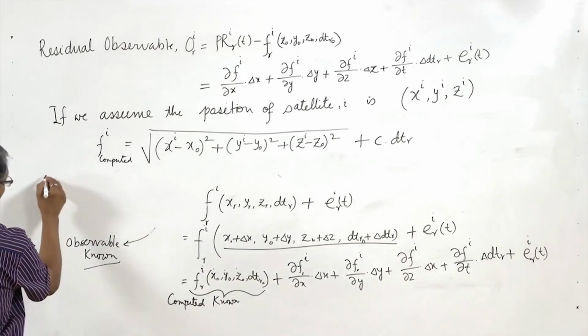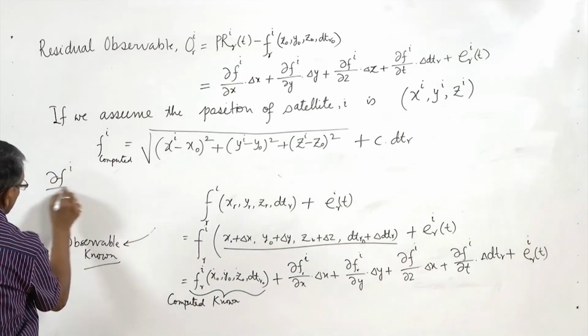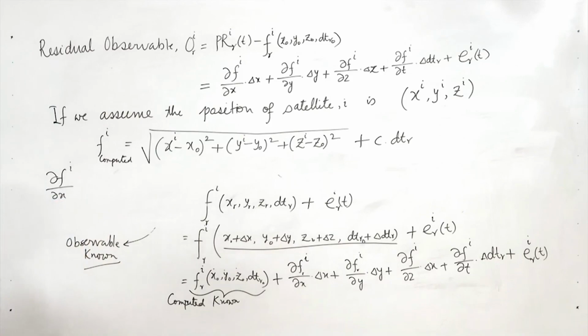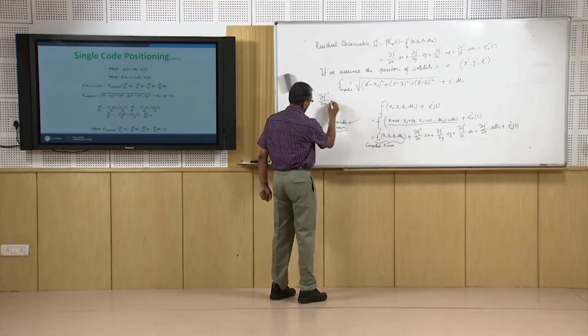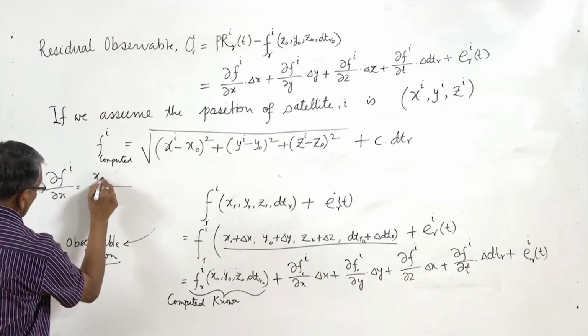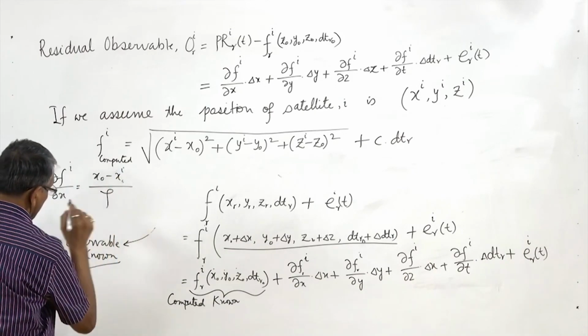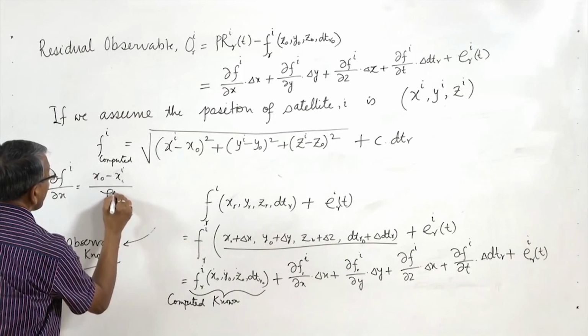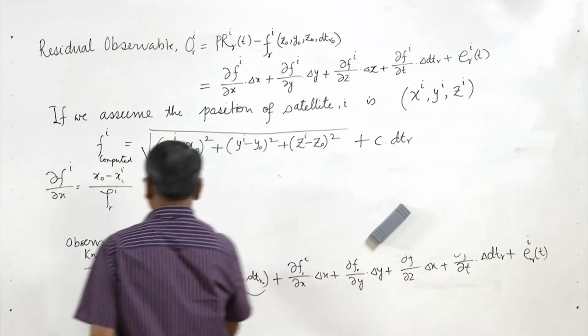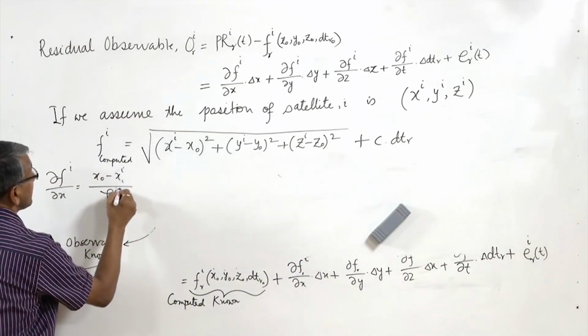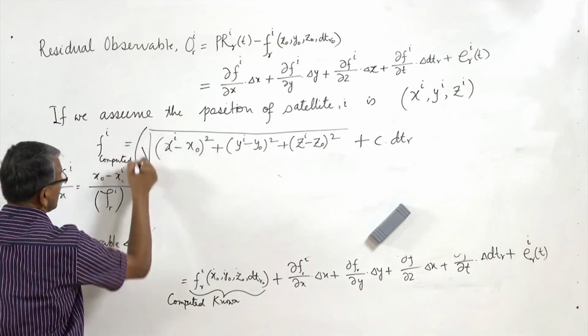Now if we take the partial derivative of the function with respect to x, then we will get (x0 minus x_i) divided by rho_i. Now this rho_i is nothing but this part.